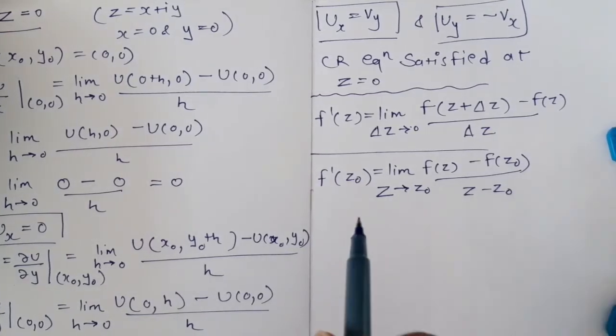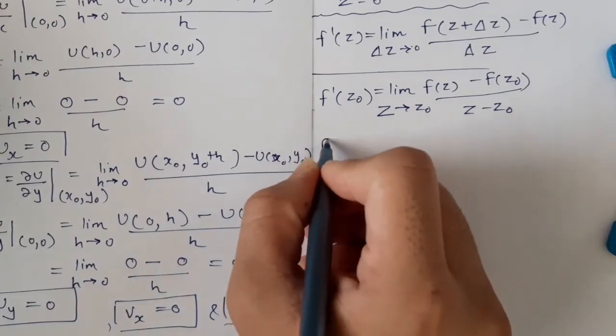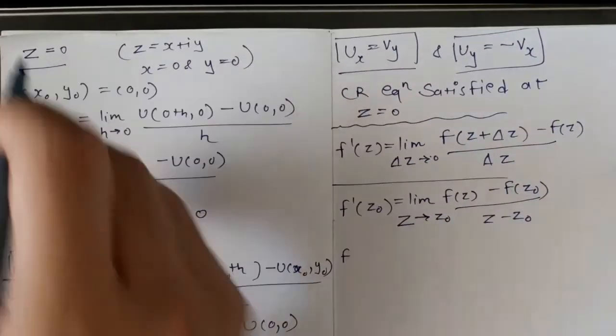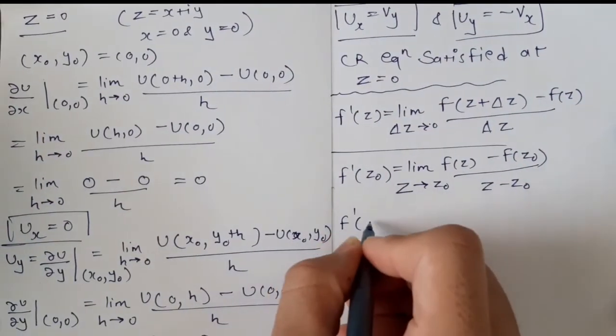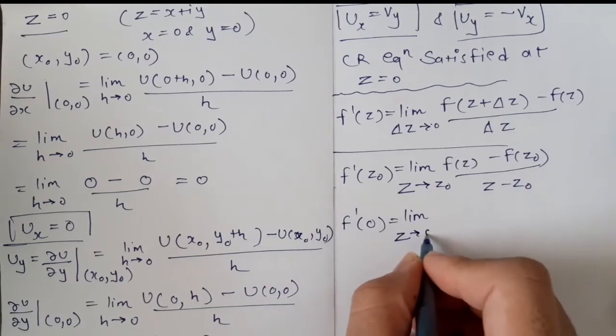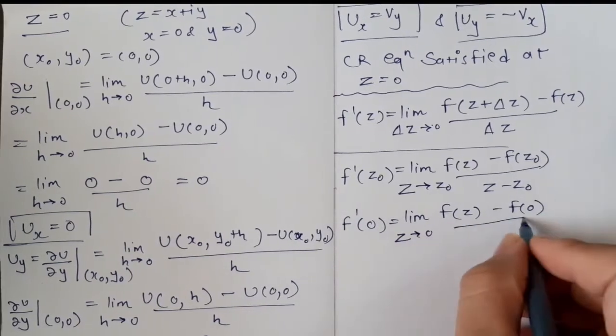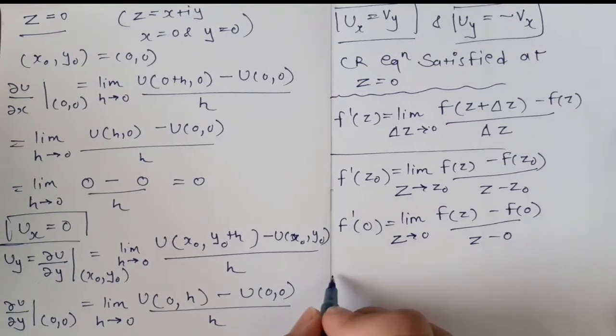Okay, this formula we will use here because we have the point of differentiation. So here z0 is 0, so we will write f dash of 0 is equals to limit z tends to 0 of f of z minus f of 0 divided by z minus 0.